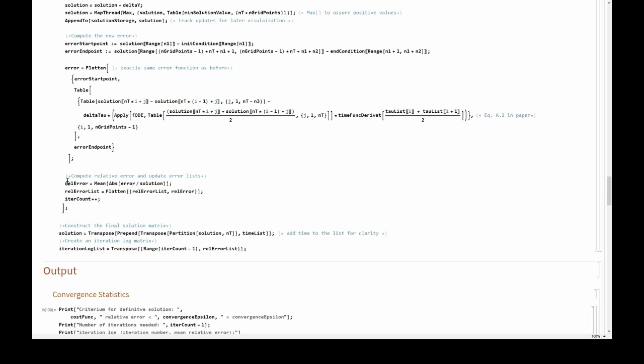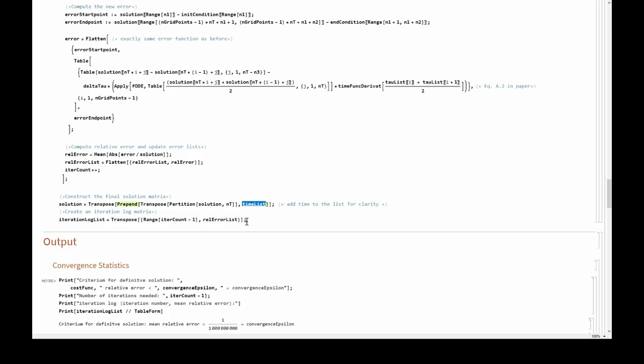So once the error is small enough, we exit the loop and we say, okay, our final solution is the last solution which we found, and then we're going to glue the time list to it. So we will later see that we have a reference, basically for visualization again, so that we see each grid point is associated with some time period, and to make this nice and visible, we just glue this onto the final solution vector.